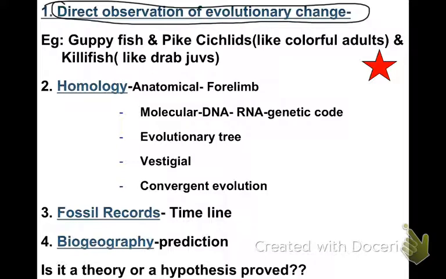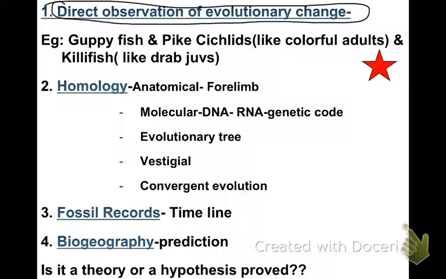So the example, the way it goes is, there is a particular fish, and there is a particular predator that preys on these fish. If it is a different predator, it preys on a different age group of the same kind of fish.